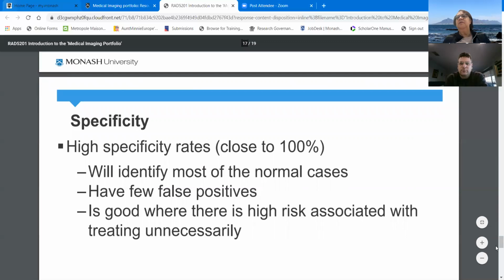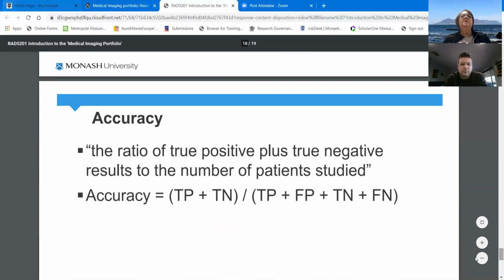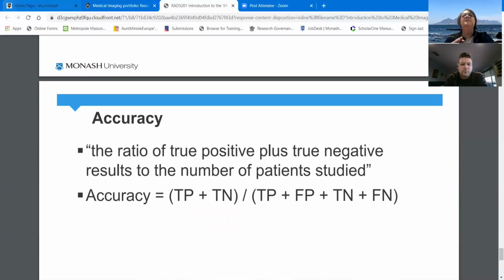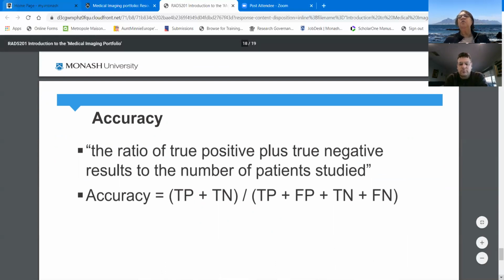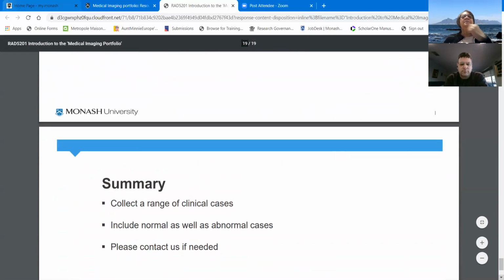And then the accuracy is the next one that you work out. It's basically the ratio of your true positives plus your true negatives over the number of patients. So it gives you an overall accuracy rate. But normally in journal articles, you will see they report on the specificity, the accuracy rate, and the sensitivity rate.